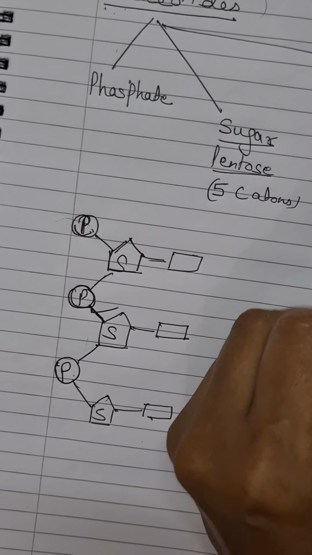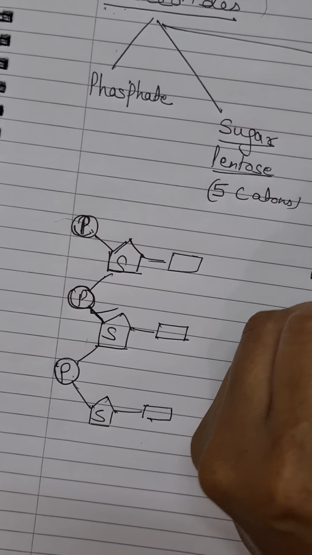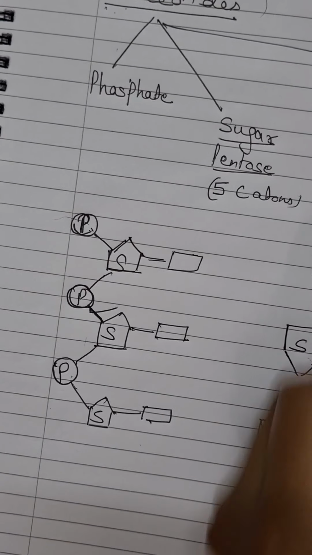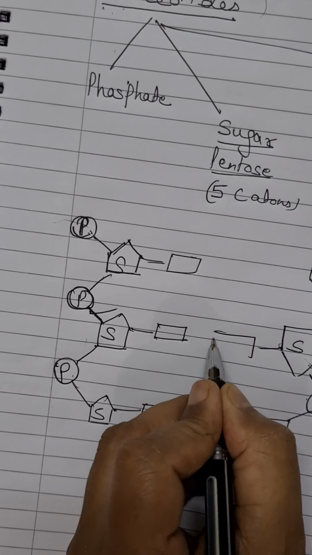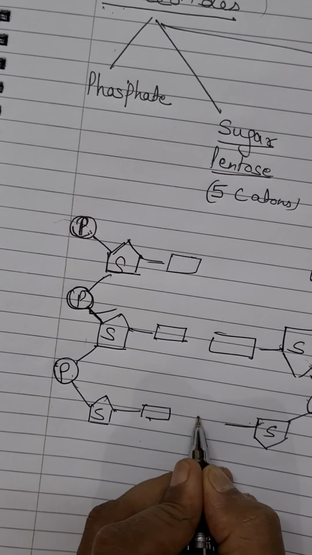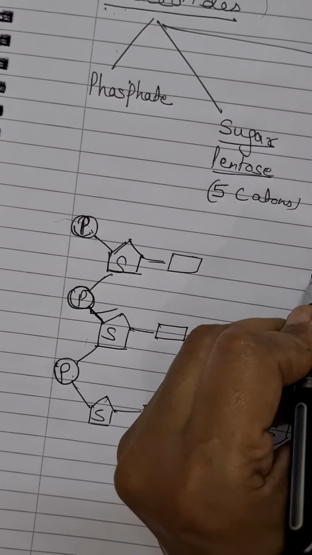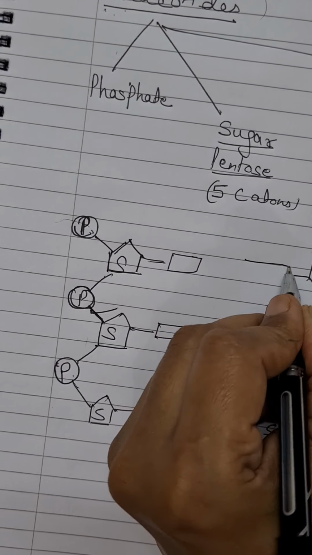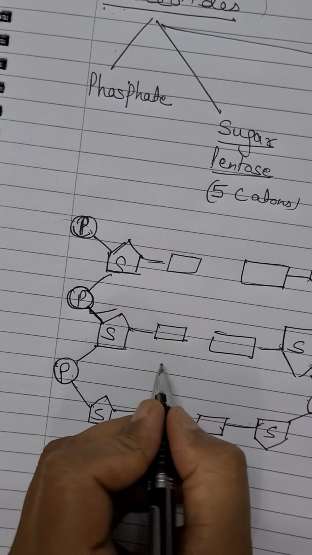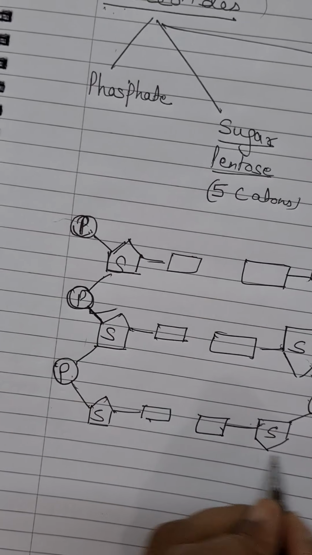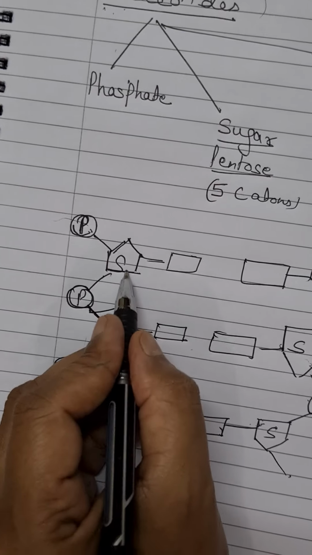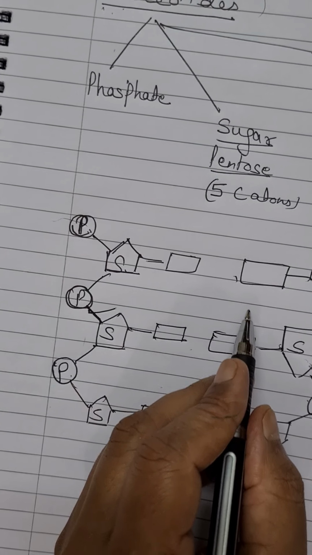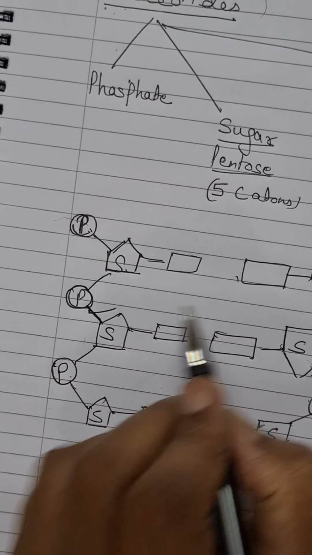Then again this is phosphate and sugar. Here also nitrogenous bases are attached to the inner side of the pentose sugar. So they just form the rungs of the ladder of this structure. Now these nitrogenous bases which are attached to the sugar molecule on the inner side are of 4 types.